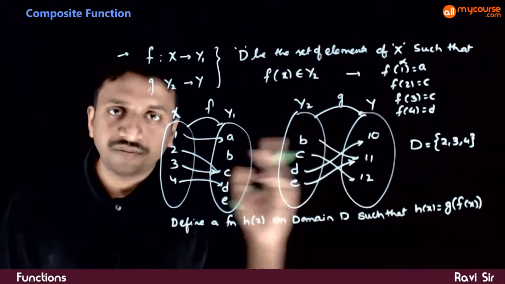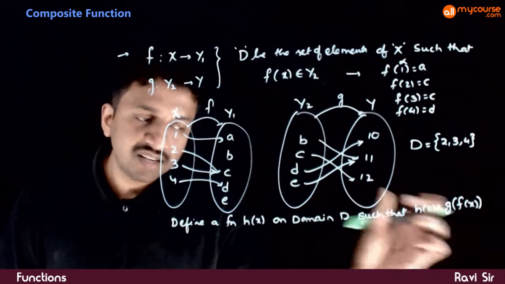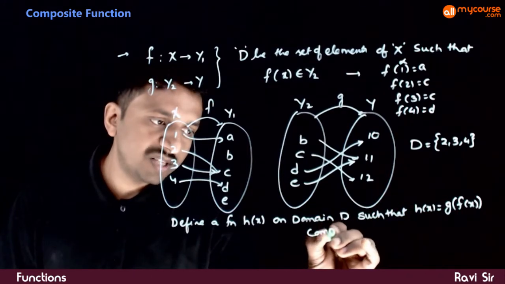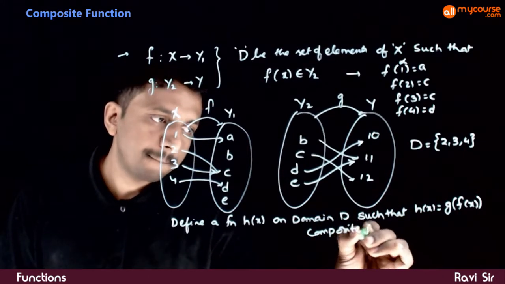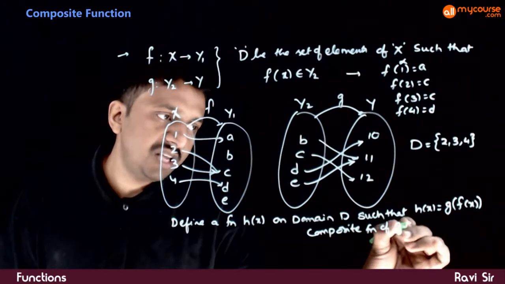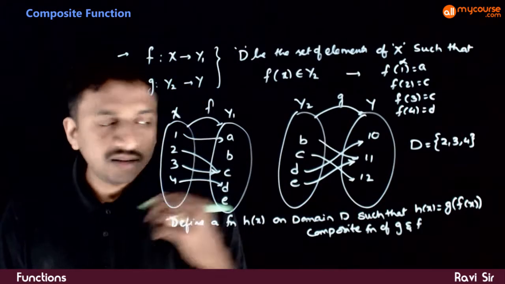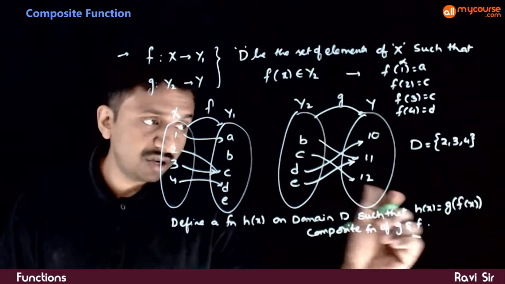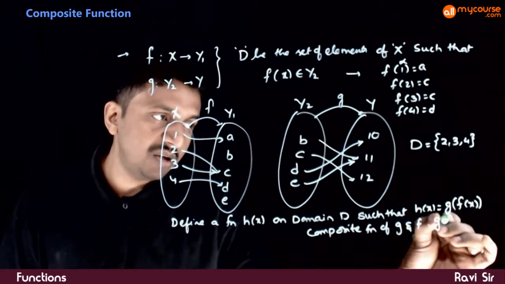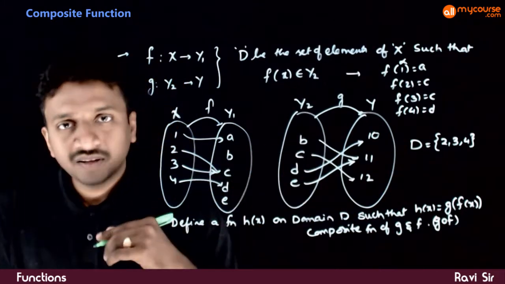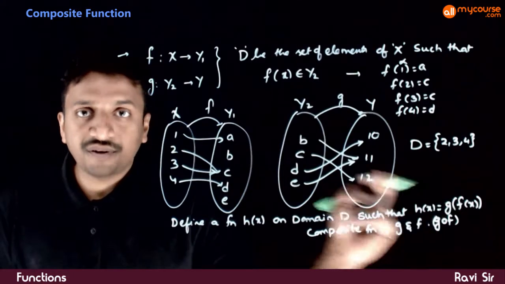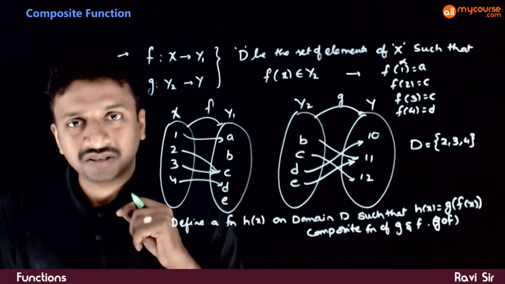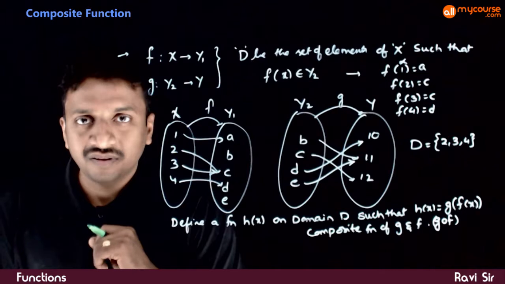This is called a composite function of g and f, and this function h of x is denoted by g o f. This h of x, which is g of f of x, is called the g o f function.